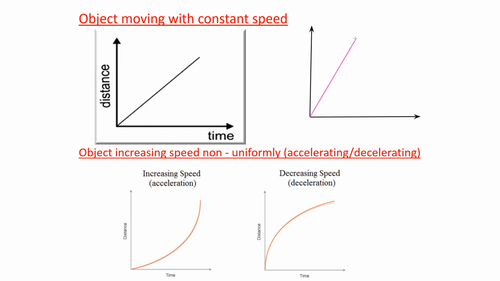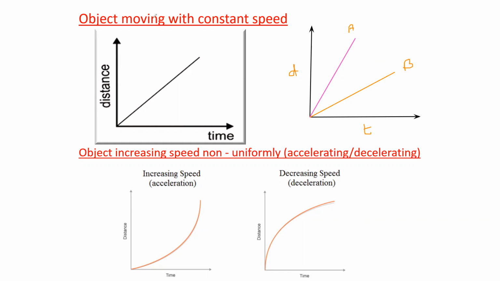So for example, we have two lines here representing a constant speed. Which object is moving faster, A or B? Without calculation, no numbers are there. So which object is moving faster? How can you work out? You can check the slope, the angle.